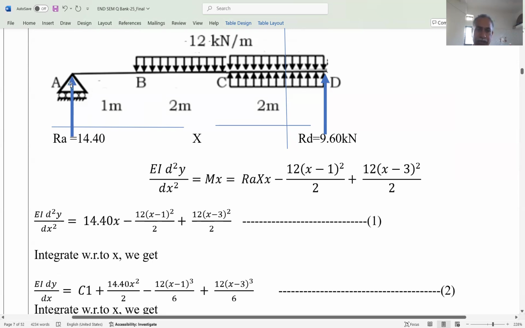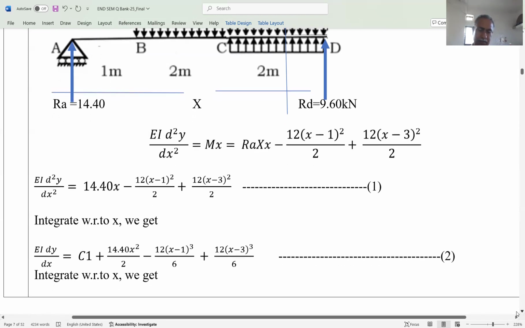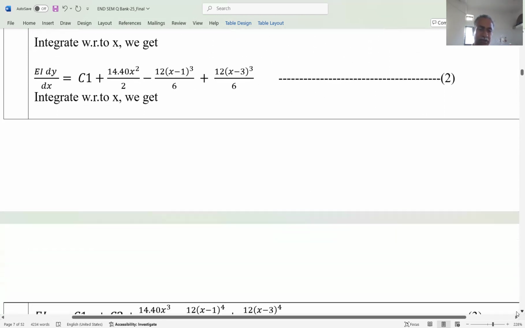Therefore, the section will be taken from left to right. That's why when I put x is equal to 0, y is also equal to 0. And similarly, the second condition, when I put x is equal to L, that means x reaches 5 meter, y is equal to 0. Put these conditions into the equation and find C1 and C2.